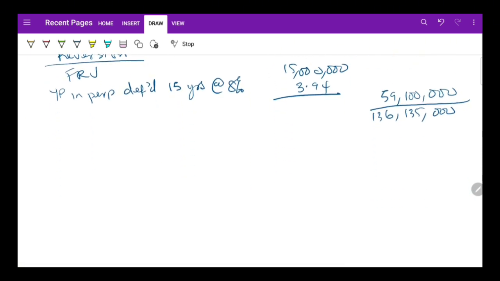All right, so once again we're looking for the gain to the lessor. So for the gain to the lessor, the present interest is higher than the proposed interest. Okay, so we do present interest minus proposed interest is equal to gain to lessor.